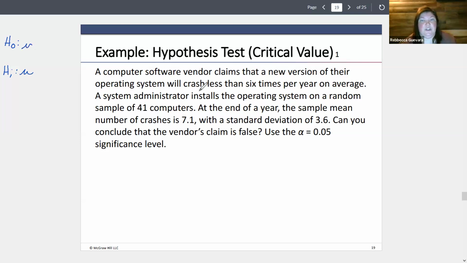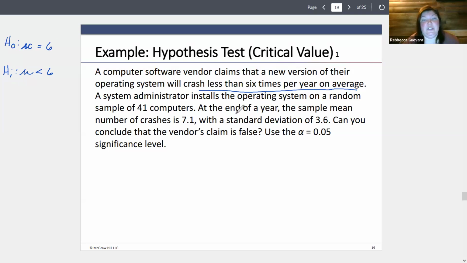They're saying it should crash less than 6 times a year on average. So our claim is that our mean is going to be less than 6. That is our alternate hypothesis, because that's always the less than. Meaning the null hypothesis is that it's going to crash 6 times, because that's always the equality.